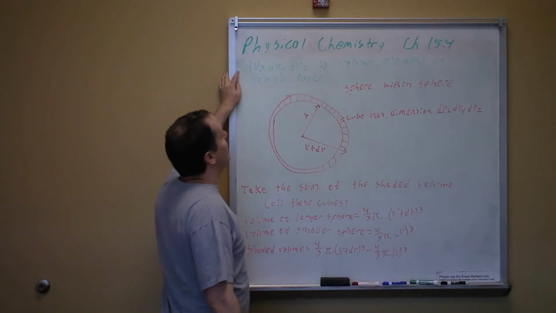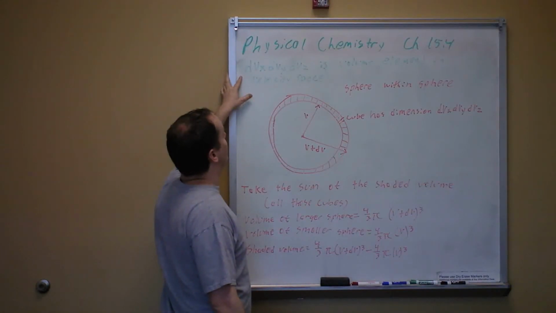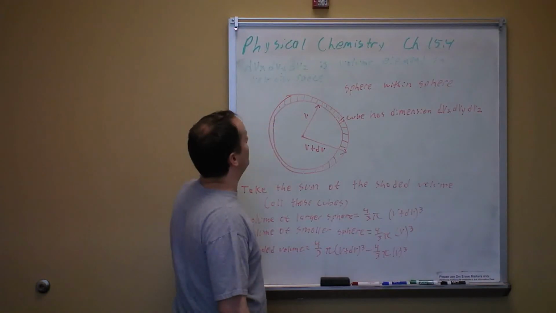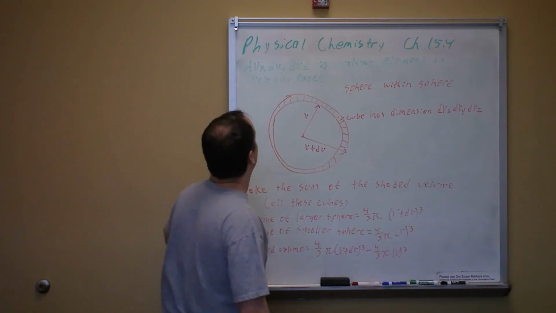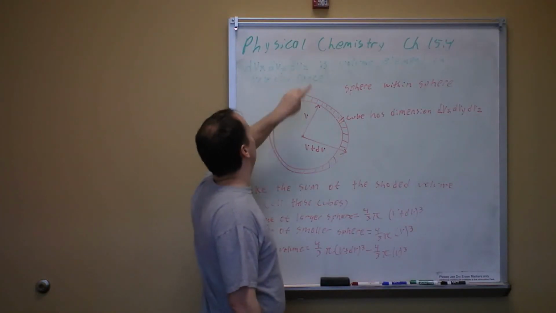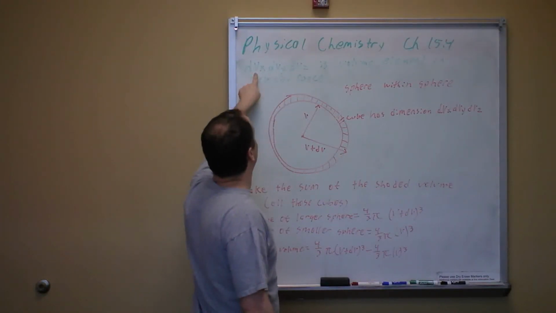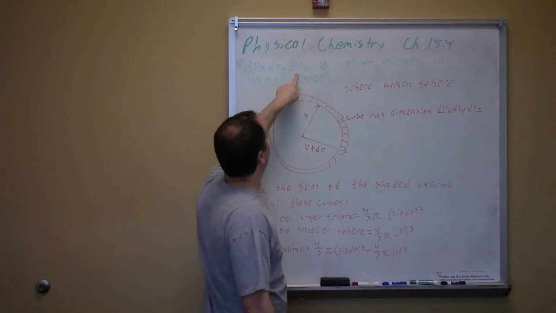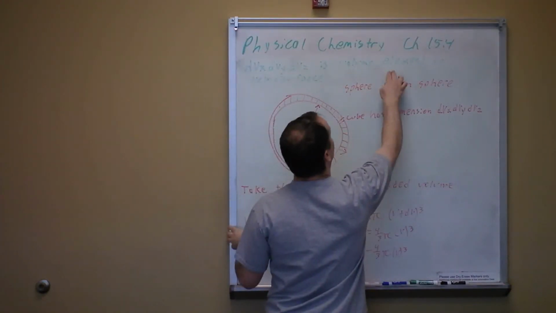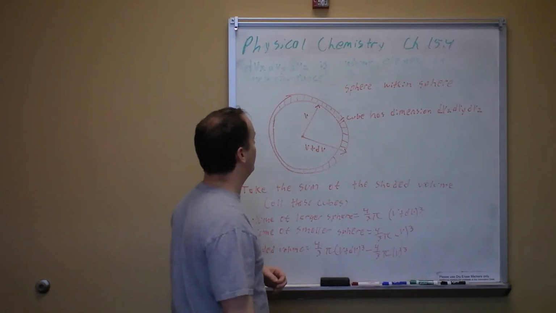Alright, so let's say we have that same velocity space I drew at the beginning of this section, where you have the sphere within a sphere, and each location in 3D space is a velocity. So this dvx times dvy times dvz is a volume element within this velocity space.